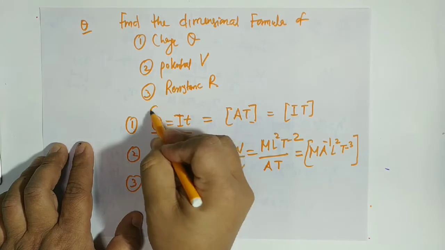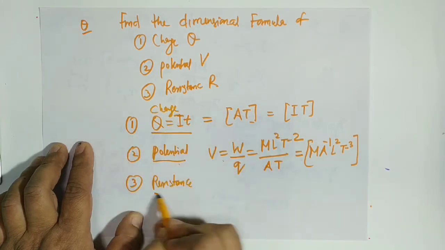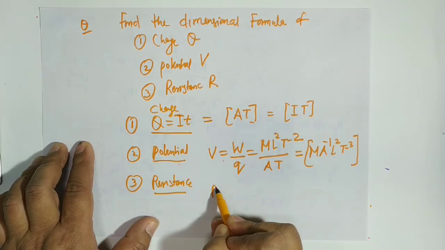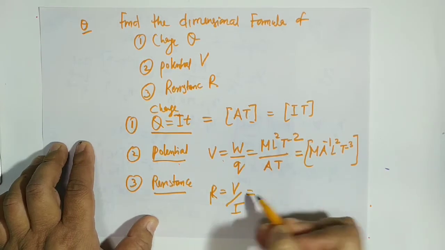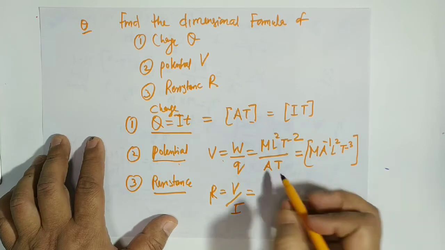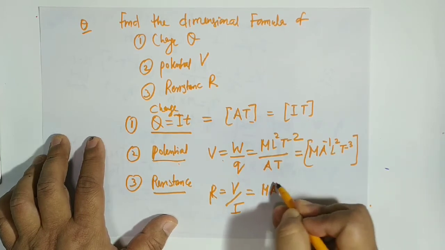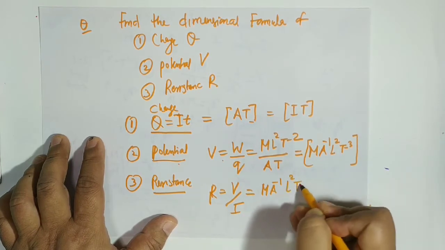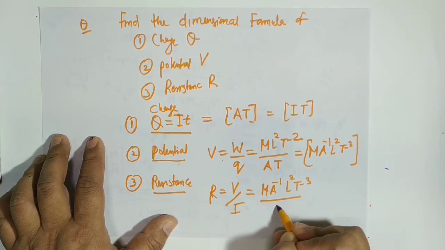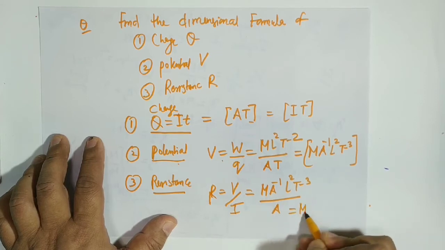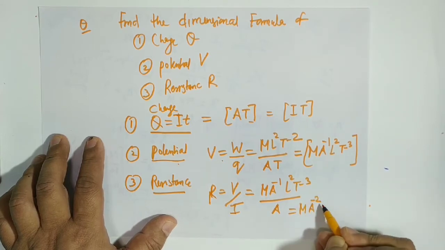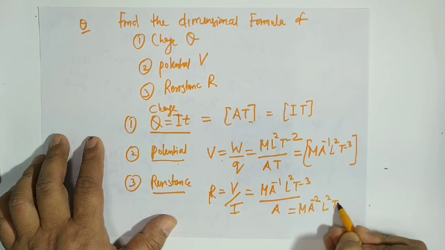Then resistance. Resistance is, I think all of you know, R equals V by I, Ohm's law. Now already you know V is here. So we can directly put from here M A minus 1 L square T minus 3, and then there is I. I is A, ampere. So it will be M A minus 2 L2 and T minus 3.